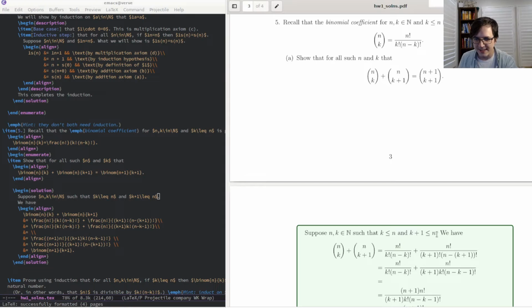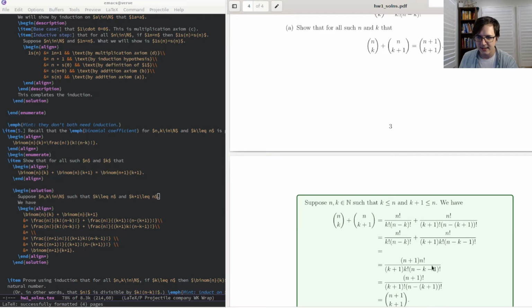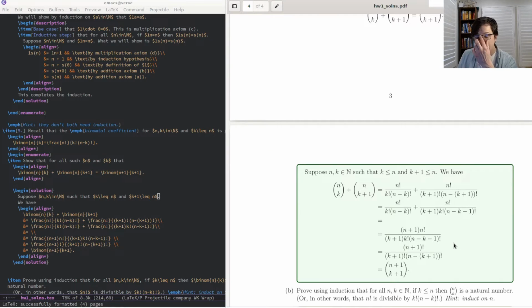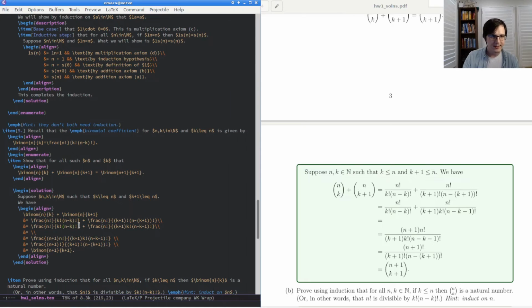So k plus 1 is less than or equal to n. So we are allowed to do this thing, and it's just 0 factorial when k plus 1 is n, because k is not allowed to be n. That's the lowest it can go. Okay, with that sorted out, I want to get the n minus k out of there.